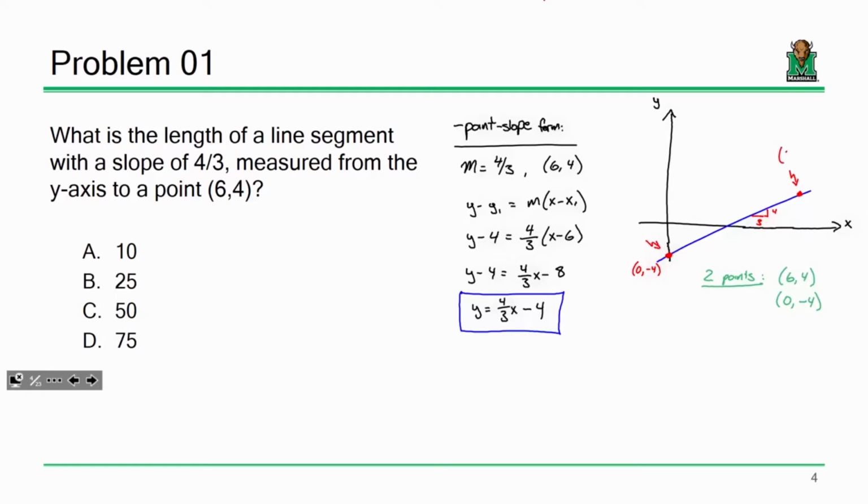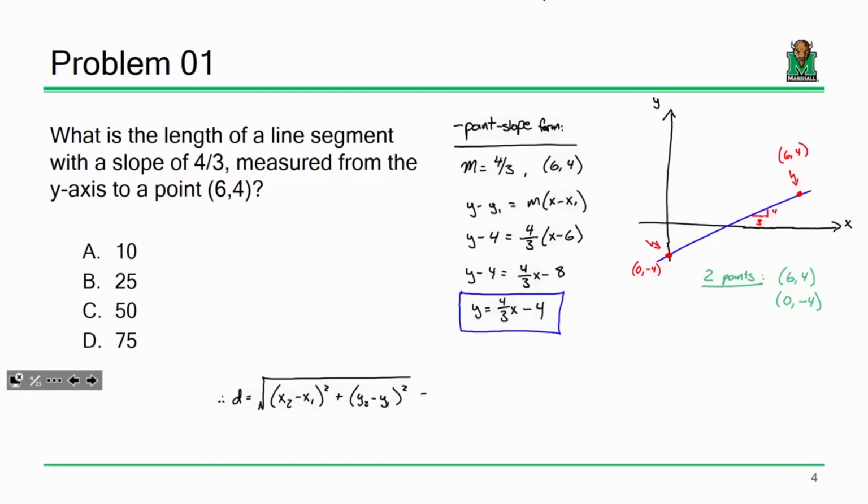Maybe that's 6, 4. Does that make sense? Pretty straightforward. And how do you calculate the distance? The distance is the square root of x2 minus x1 squared plus y2 minus y1 squared. Not too bad, right?